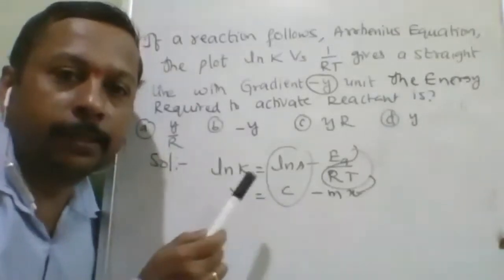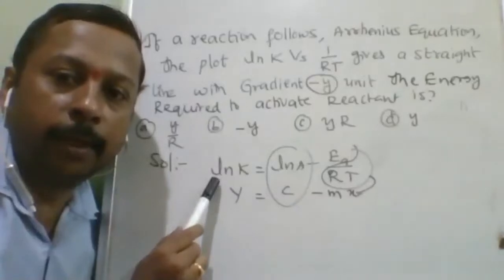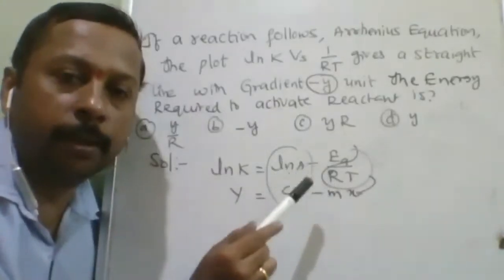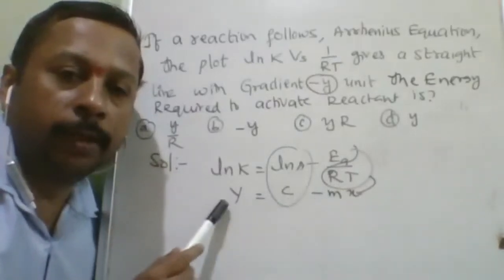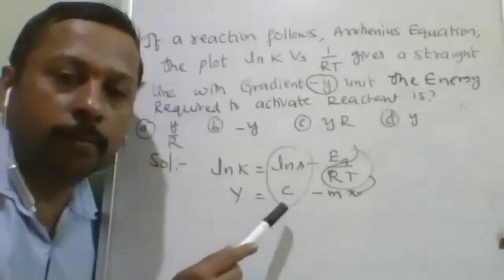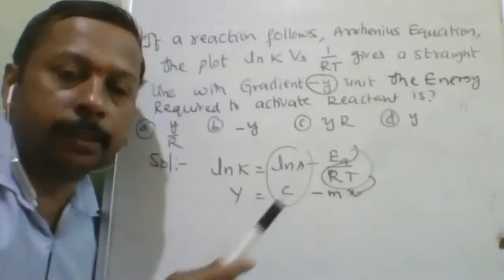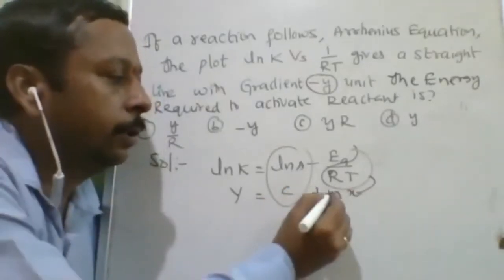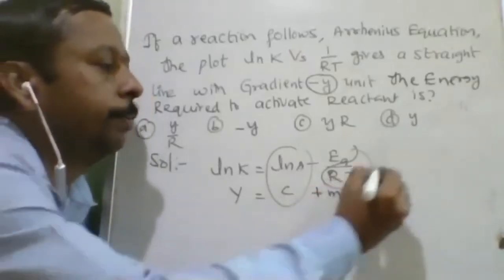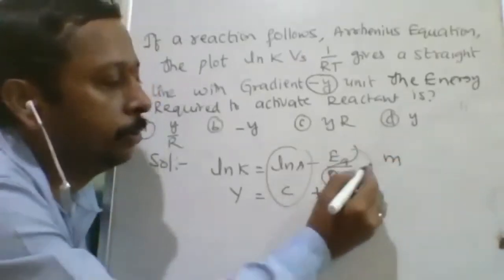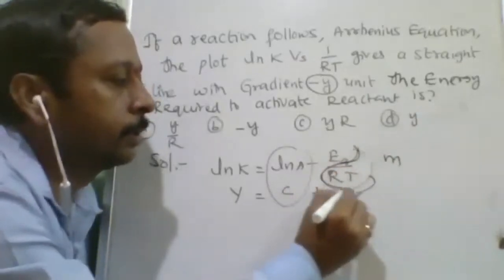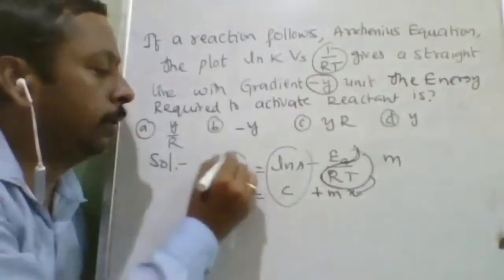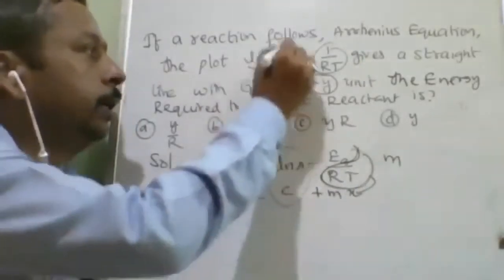So let us see this equation. Everybody knows ln k is equal to ln A minus Ea upon RT. When I compare this with y is equal to mx plus c, we should make sure that on the x-axis 1 upon RT matches, and on the y-axis ln k matches.